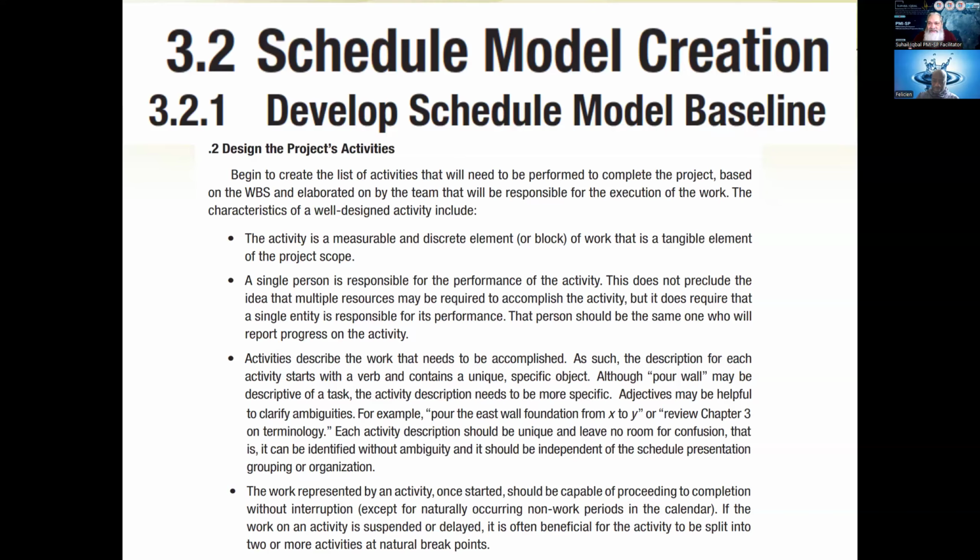You must distinguish each activity from others by that name. There must not be two activities with the same name in the whole project. It can be identified without ambiguity and it should be independent of the scheduled presentation, grouping, or organization.